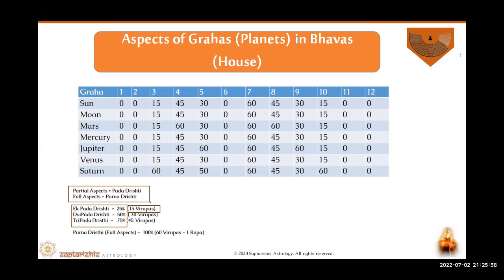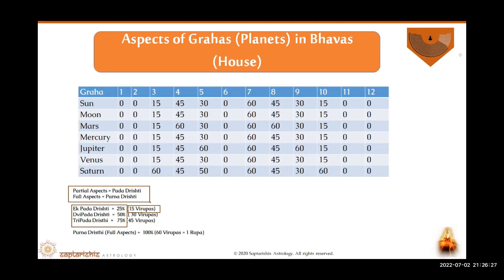Now, there are many sutras you will find in BPHS, even BPHS in Prashna Marga. They are using one Rashi means 30 degrees, 2 Rashi means 60 degrees, 3 Rashi means 90 degrees. In the same manner, we are also calculating. So if I say 180 degree falls in the 7th house, how many Rashi does it cover?